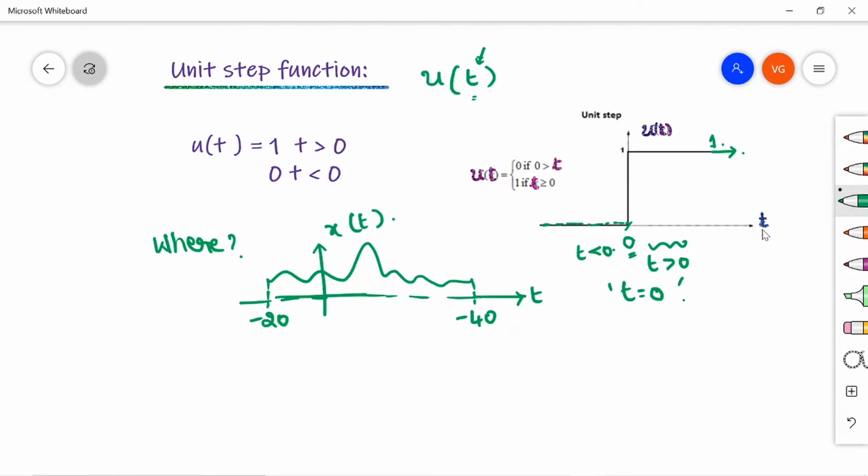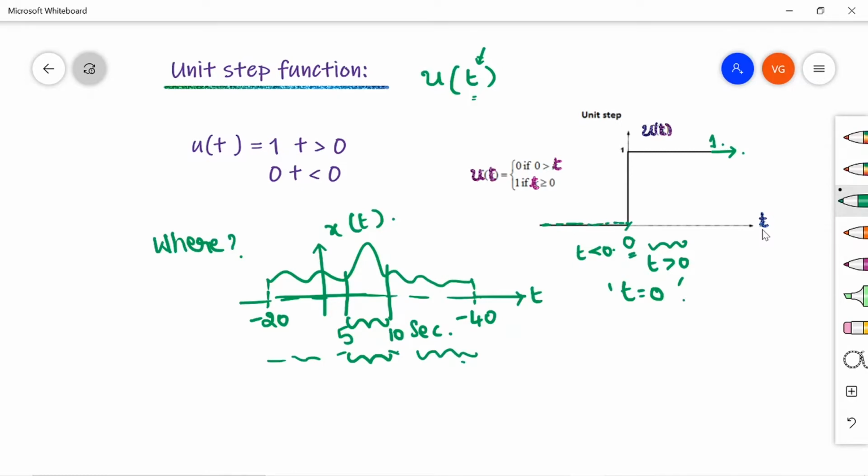Now, I want to extract a part of this signal. Suppose say I want only the signal from 5 to 10 seconds. Then in such type of cases, we'll be using this unit step signal. We'll define the unit step signal only in this time scale 5 to 10 and the rest will make the signal as 0.